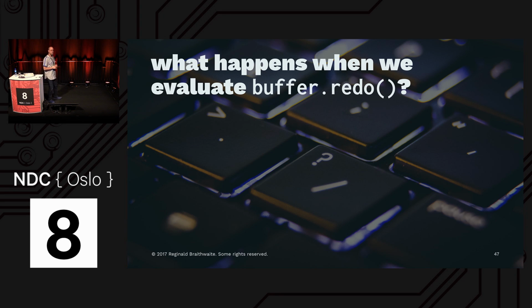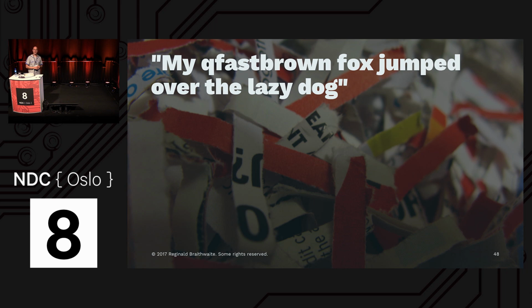What happens if we redo now? We didn't throw the future away, so it's still sitting there. And in fact, we should be able to hit redo. I happen to know the answer. We get some somewhat garbled text.